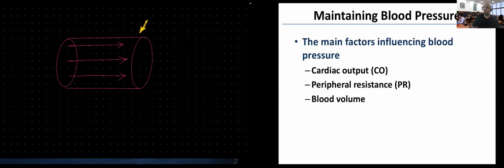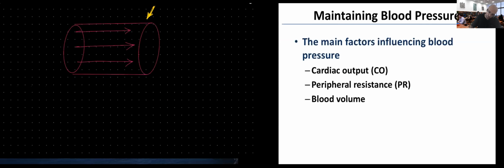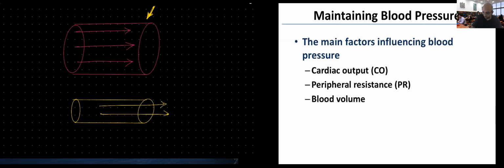So which one is going to create greater resistance? A large diameter or a small diameter? Will it be easier or harder for the blood to move through a vessel with a smaller diameter?